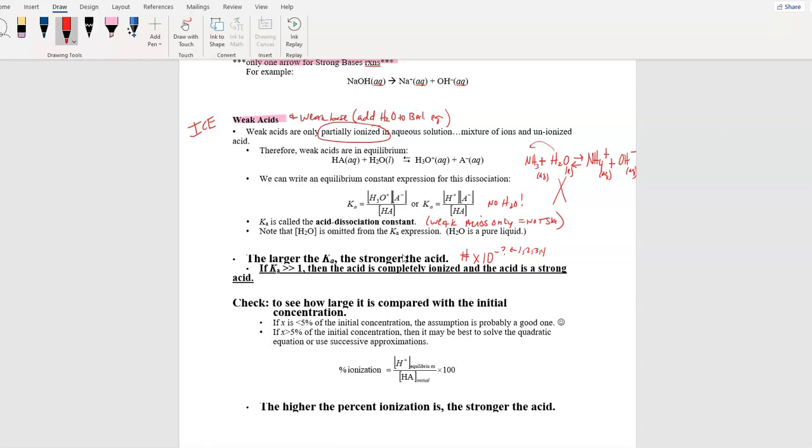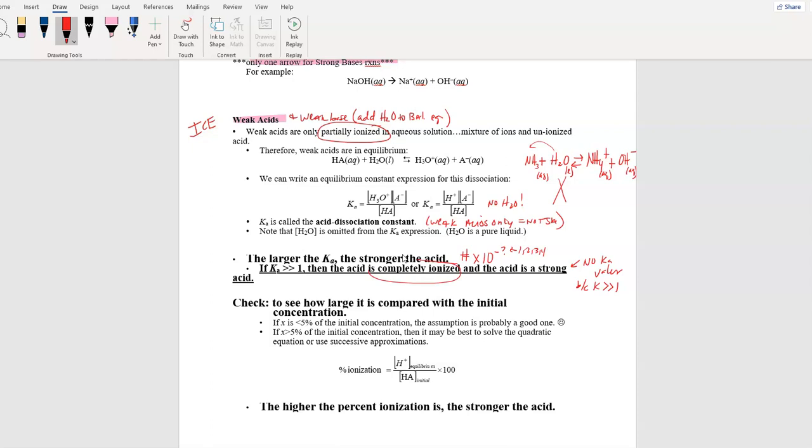So the higher the K value is, the stronger the acid. If your Ka is greater than 1, then that means that the acid completely dissociates, and that's why it's a strong acid. And strong acids have no Ka values because the K values are greater than 1. They completely dissociate, so they don't have a value besides just greater than 1.